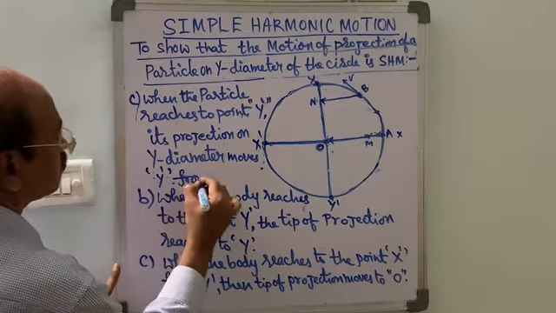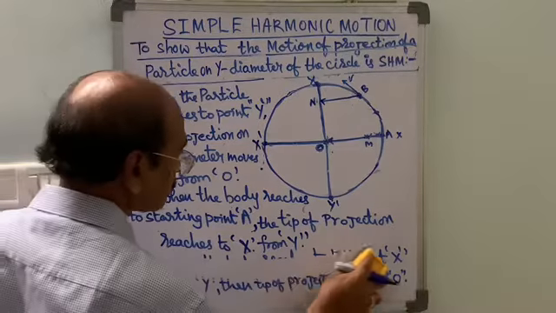When the body reaches the starting point A, the tip of the projection reaches X from Y dash. And the body repeats its motion.